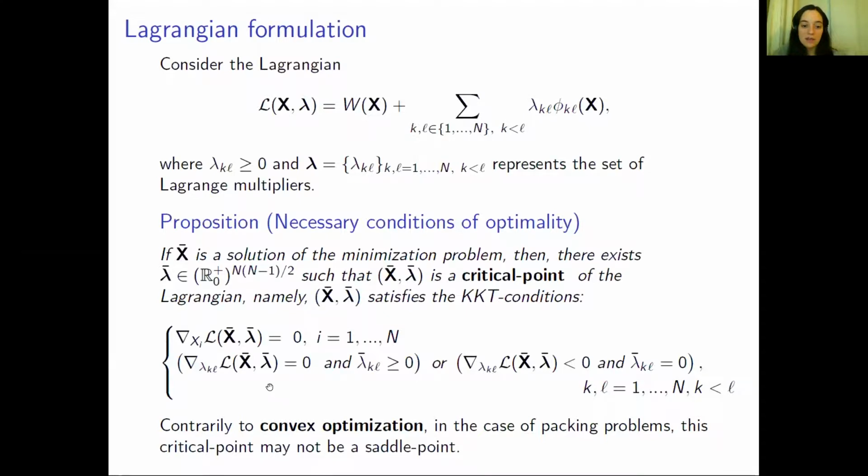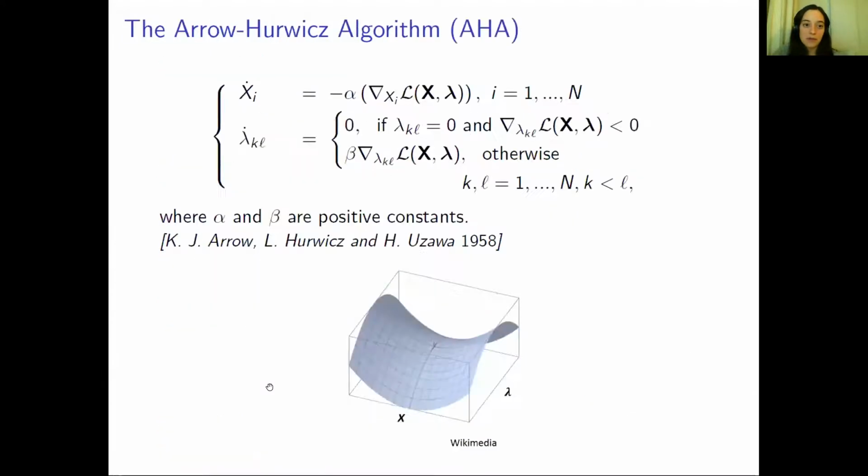And this is the idea of the famous, well-known Arrow-Hurwicz algorithm that uses the fact that it searches for a steady state of a system that uses the information that the solution should be a saddle point, meaning that we should minimize in x and maximize in lambda.